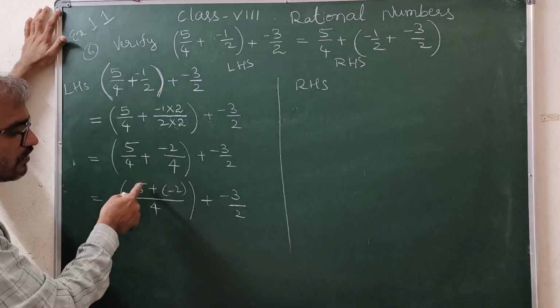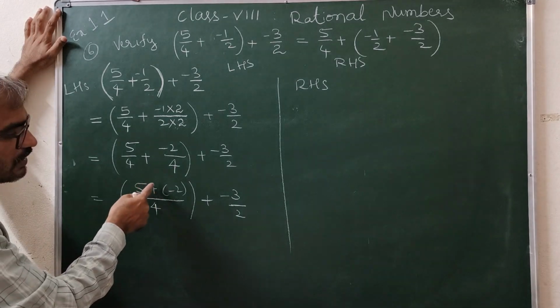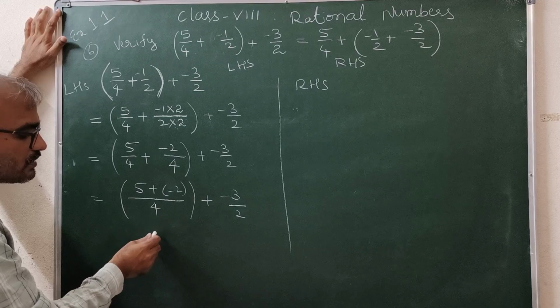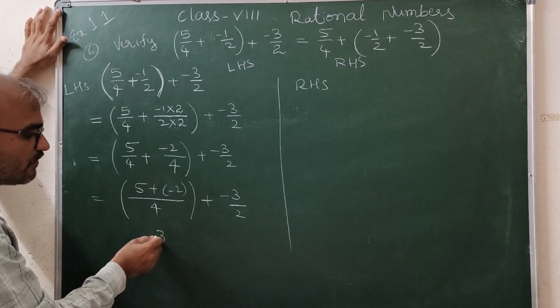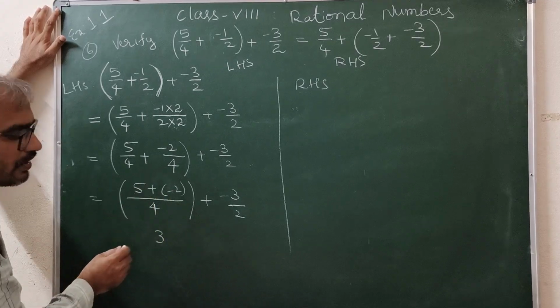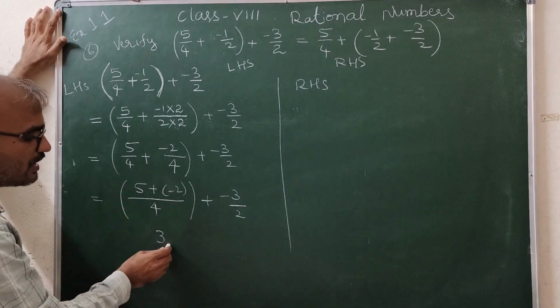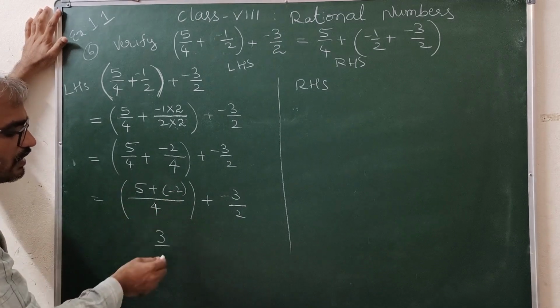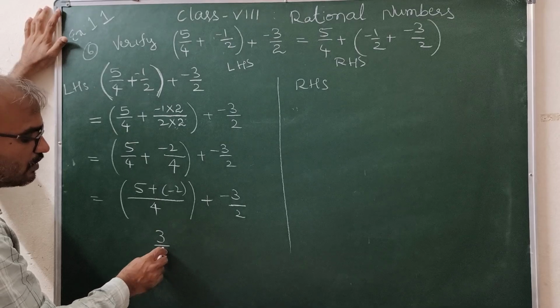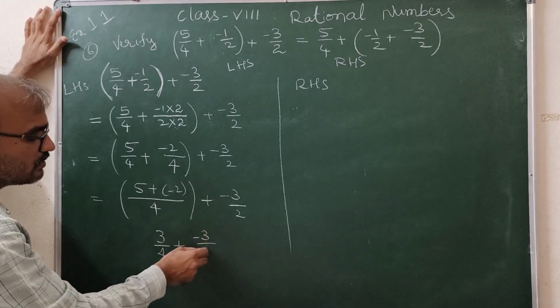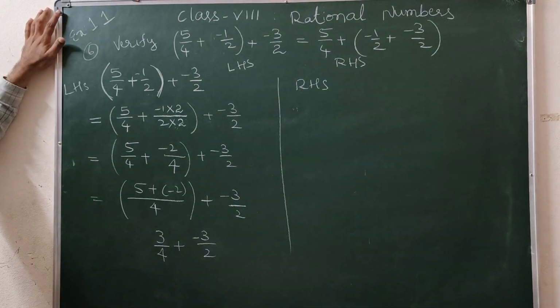If you clear this borrowing from what you have, as you have 5 rupees, you can clear the 2 rupees. So you will remain with 3 rupees, right? So that is 5 plus minus 2. Whenever you consider negative numbers as borrowing and positive numbers as what you have, you will get the answer very easily. So 3 by 4 plus minus 3 by 2. Right?